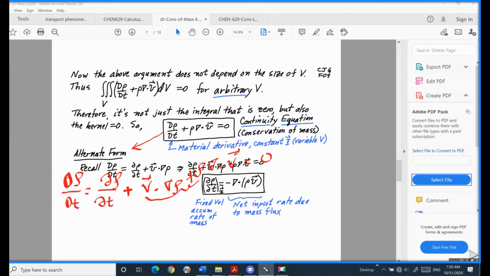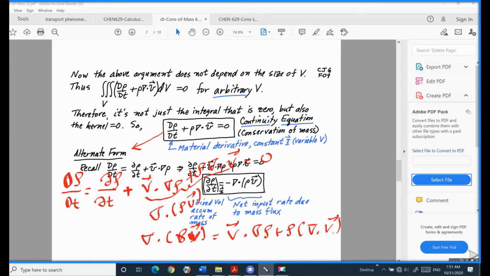And this term we can write as the divergence of rho v, because the divergence of any two things, here rho and the vector v, is going to be v dotted with the gradient of rho plus rho times the divergence of v.